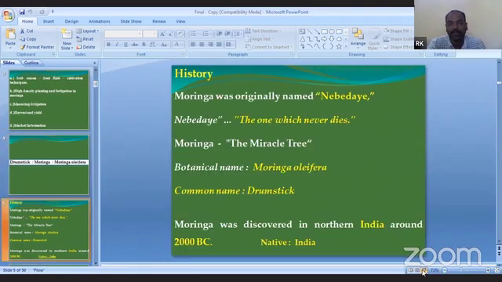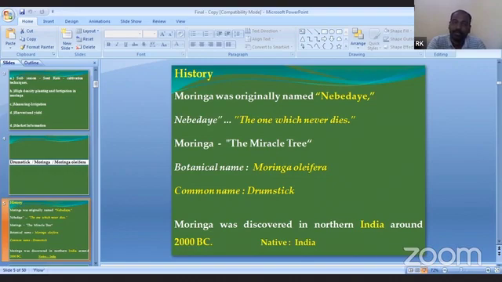Next slide. So history. Why are we talking about the history of Moringa? This is very essential for cultivation of Moringa, because we need to know which country Moringa is native to. Once we know the native country, then only can we go for effective cultivation of Moringa.